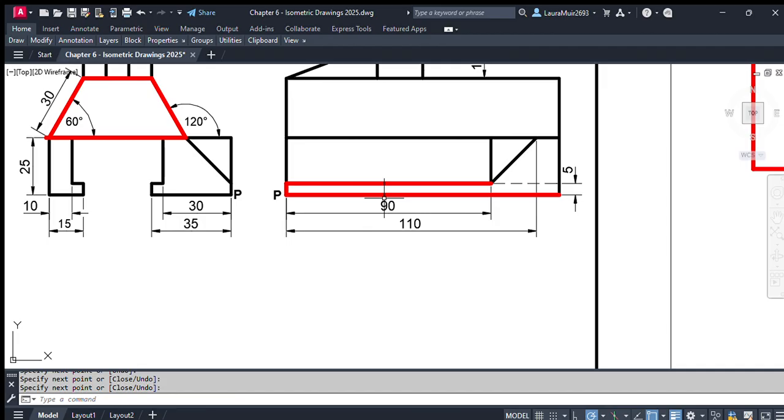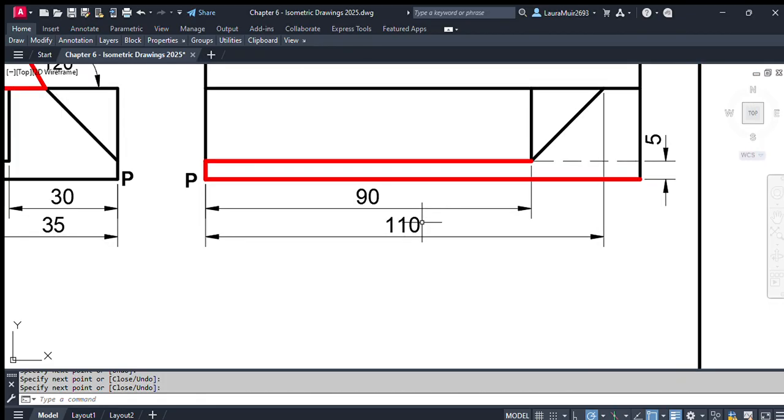If that is 90 and that's 110, what is this gap here? If that's 90 and that's 110, 20. So my gap there is 20. And I know that the whole distance is 120, but that's 10.